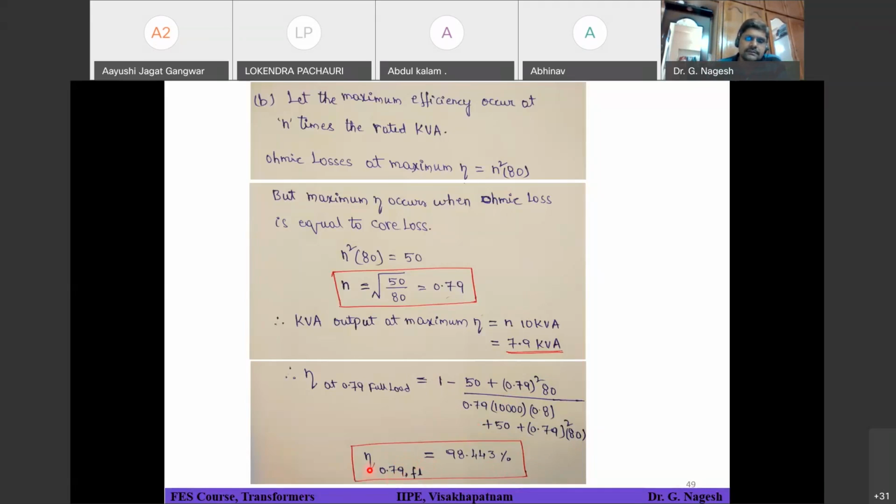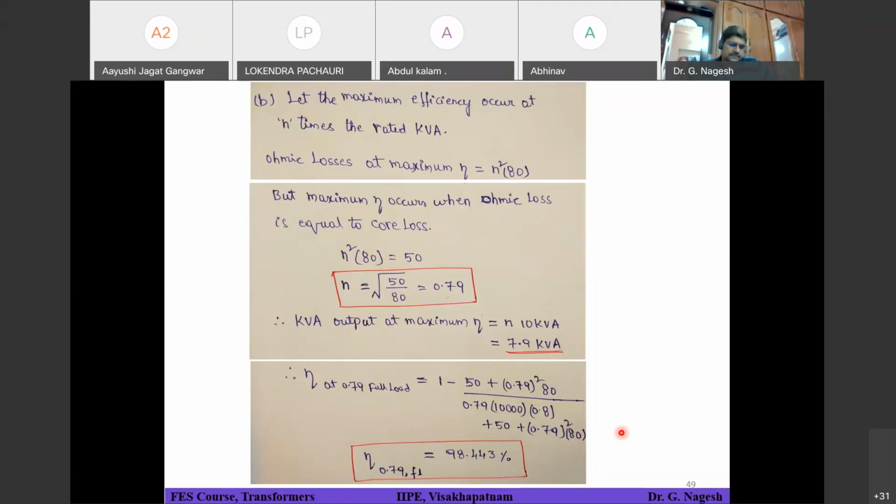At that condition, you have got maximum efficiency as 98.44. Did everyone understand this or not? Yes, sir.